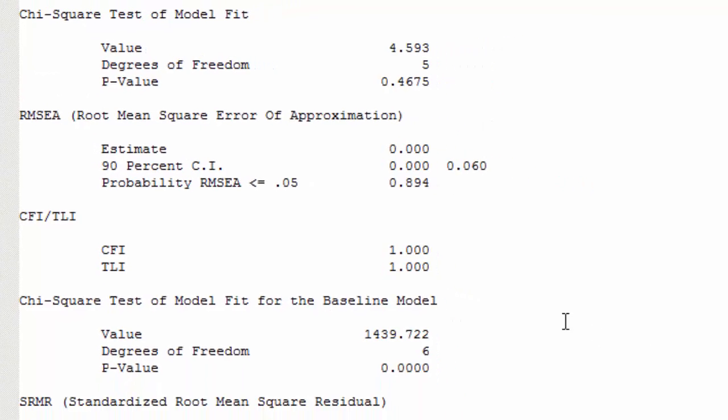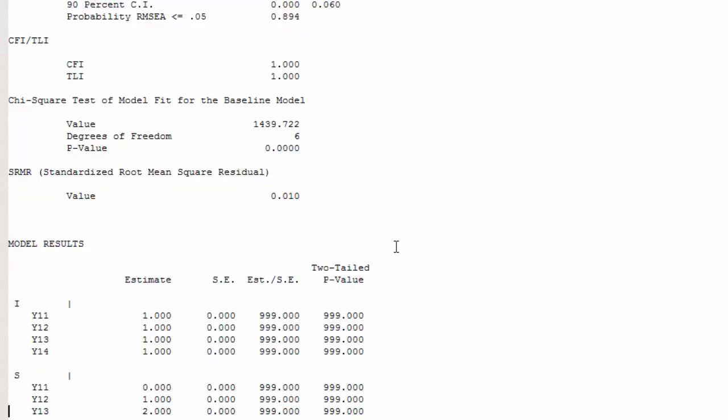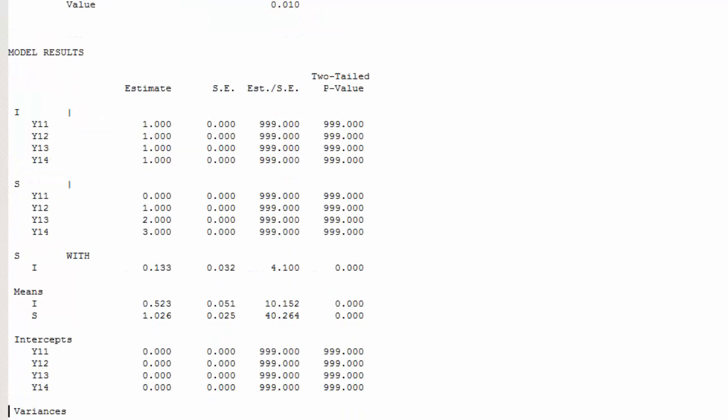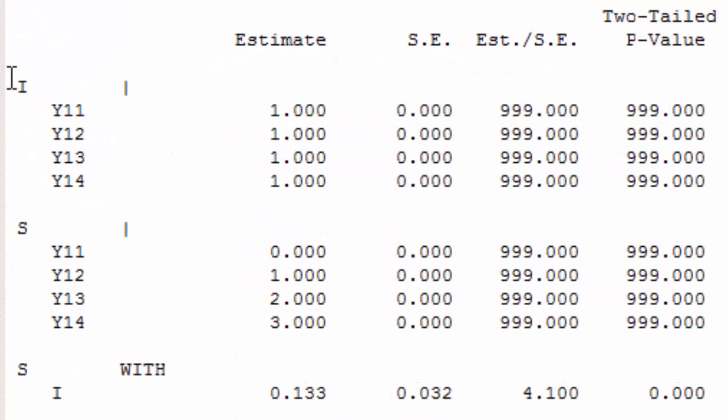All right, so here we have our model results. First, we have the so-called measurement model, where we have our intercept latent variable loading on each one of the dependent variables with a weight of 1. These are fixed parameters. You know they are fixed parameters because the standard errors are 0 and the estimate over the standard errors are 9999999.